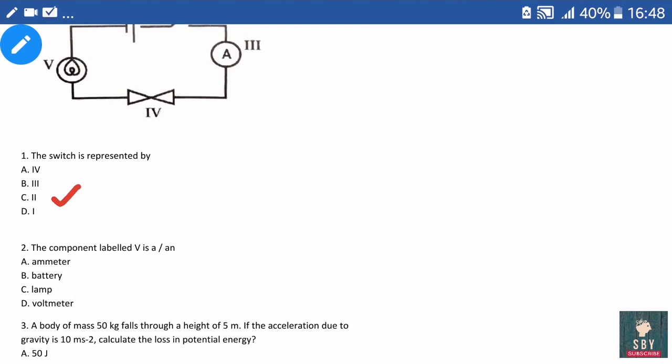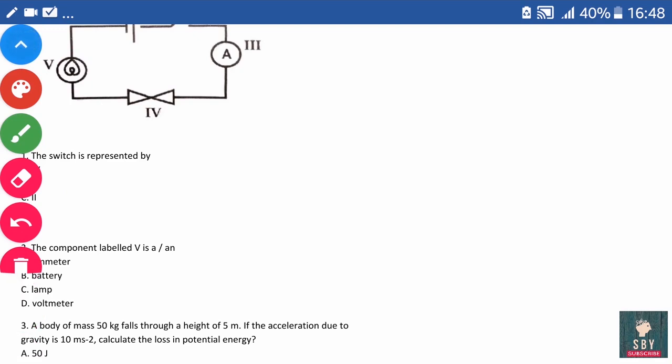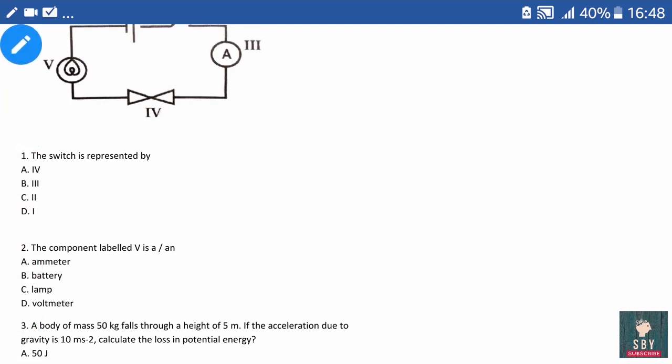So number 2. The component labeled V, this one over here. Looking at it, the component is also C. It's a lamp. Yes, it's a lamp.